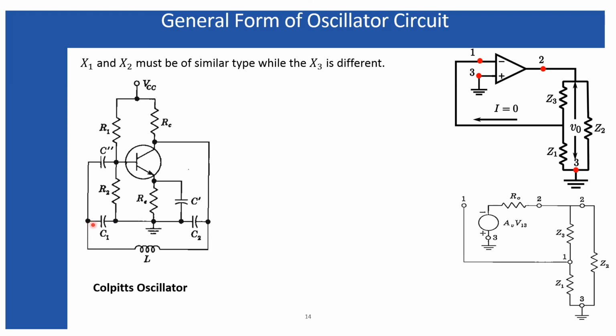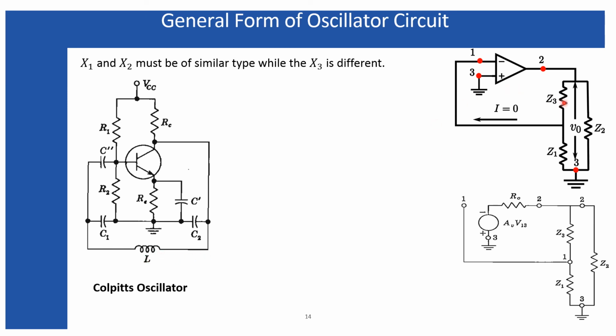So this one is X1, or Z1 in that case we can say, and Z2, which is actually being replaced by this C2, has one terminal connected with the output terminal, you can see from here, and another terminal connected with the ground. And Z3, this is the only component which differs from these two, and that is obviously an inductor.